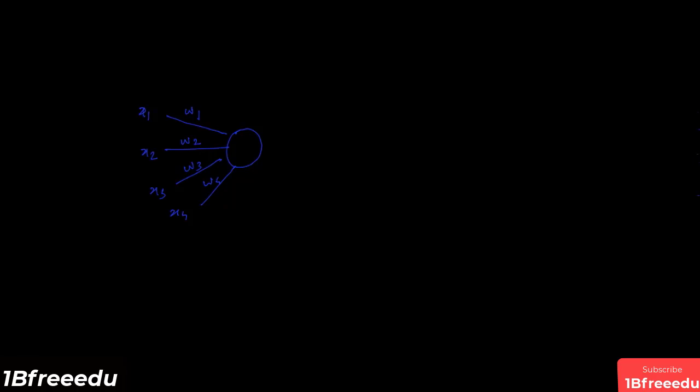Then we have the axon here. Of course, there is only one axon, but at the end the axon gets branched. That is called the axon terminal. The same output is sent from here, here, and here.